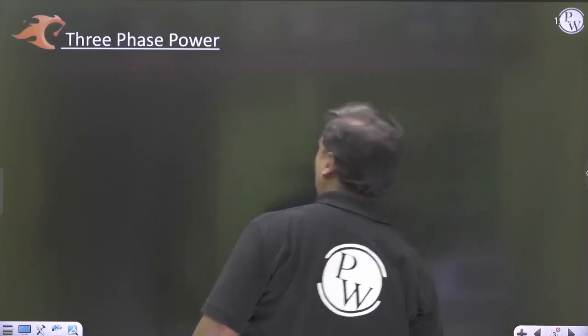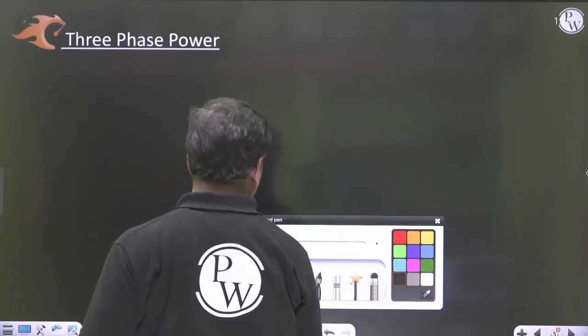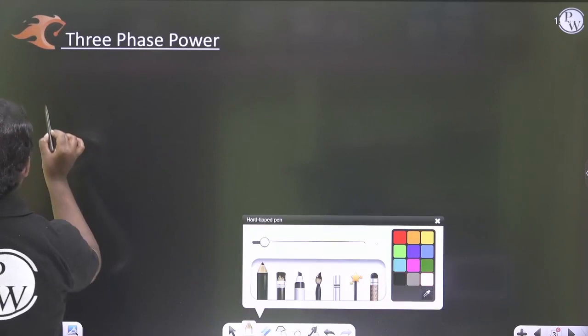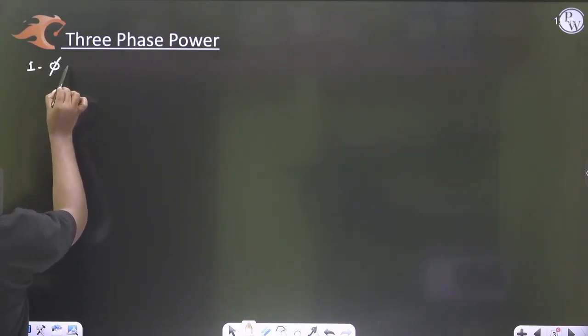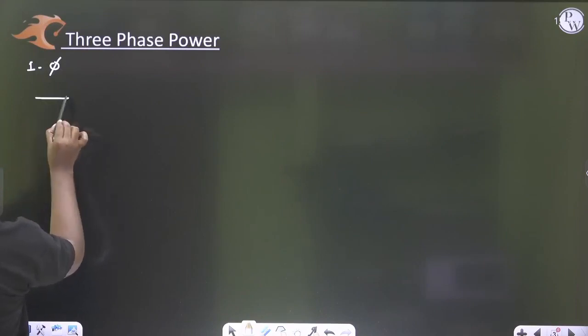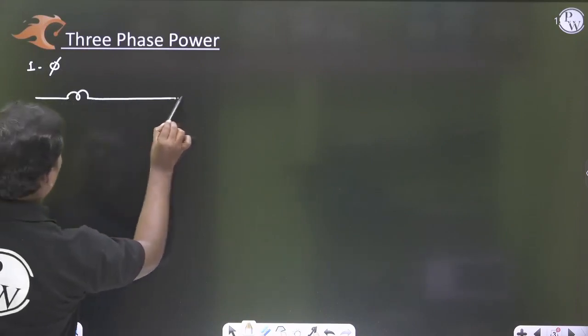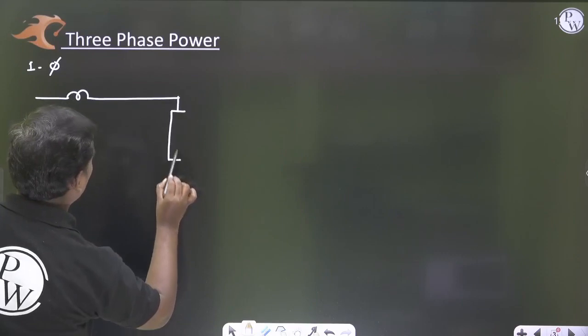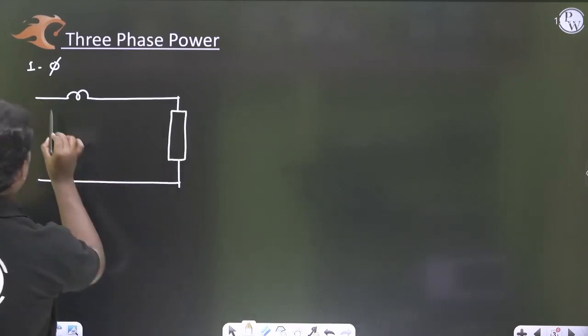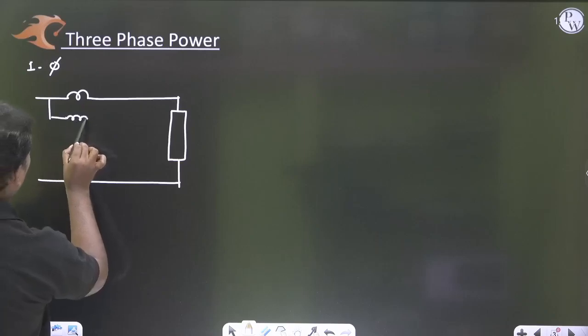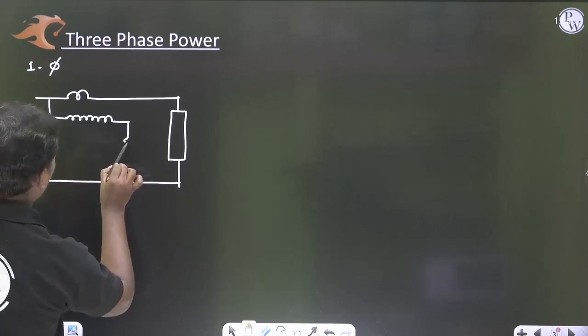just in our dynamometer, this is our dynamometer, single phase power measurement. If you see single phase power, we have taken a current coil and we have taken a load, and we have taken a moving coil like this.